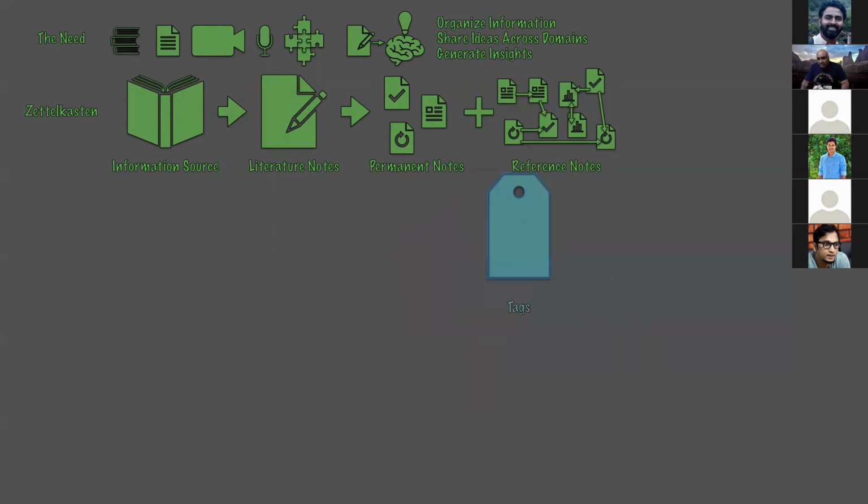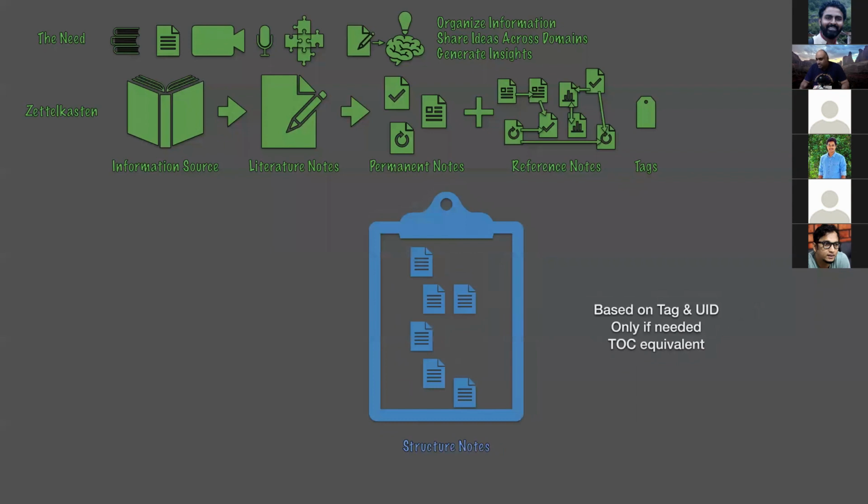Now, the last piece of this puzzle is something that we call structure notes. These are optional and these are typically used when the number of notes that you have becomes quite voluminous.